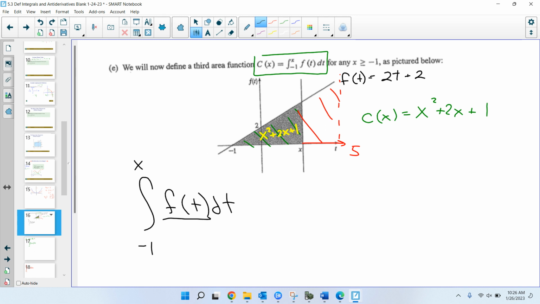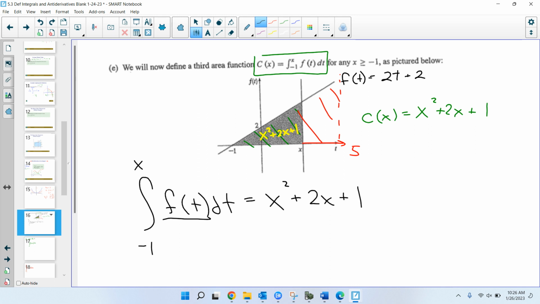Well, it's not going to be a number unless I have a number in for x, right? If I go from -1 to 5, it's a number. If I go from -1 to x, it's a function. Yes? What if it was -1 to p? Well, it'd be p squared plus 2p plus 1. Yes? And we realized that was x squared plus 2x plus 1. Are you with me so far?